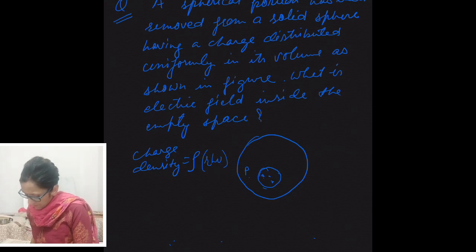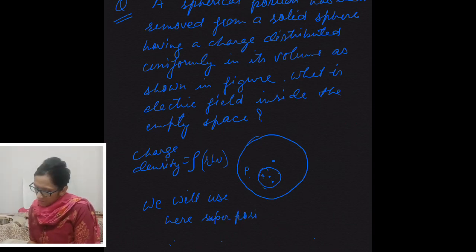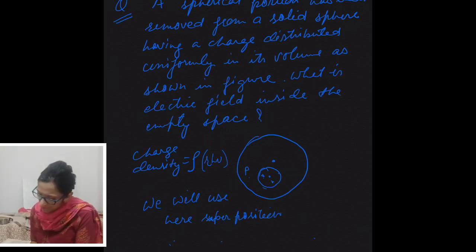So we have to find electric field at any general point P. Here we have to find electric field, and we have two centers. So we will use here superposition principle.